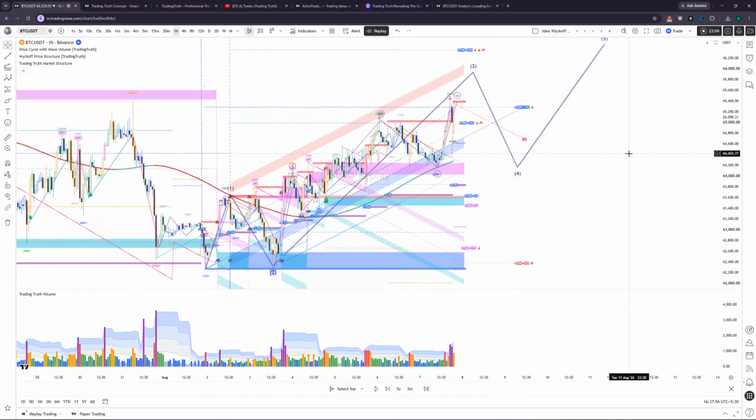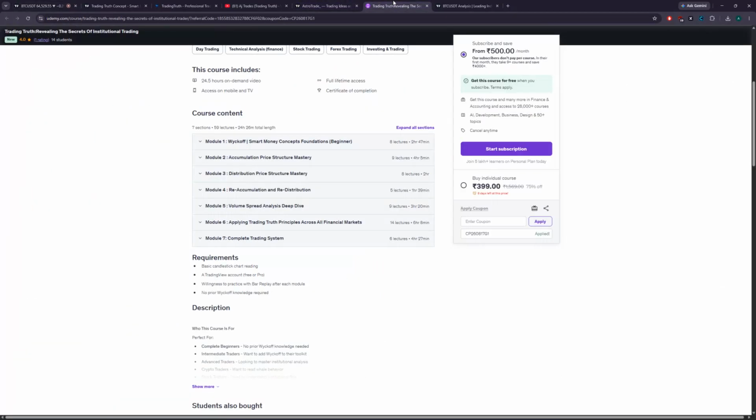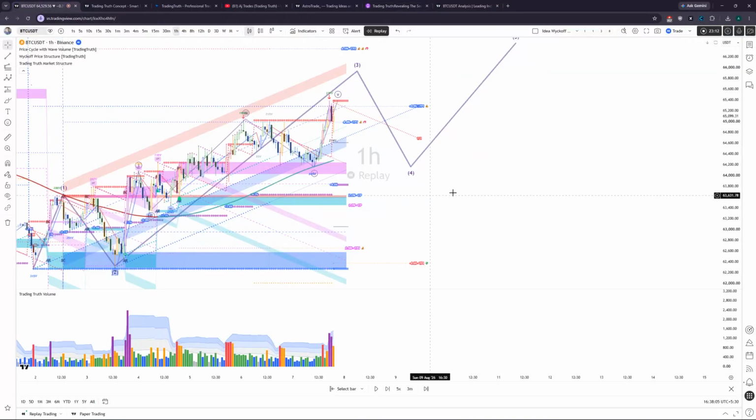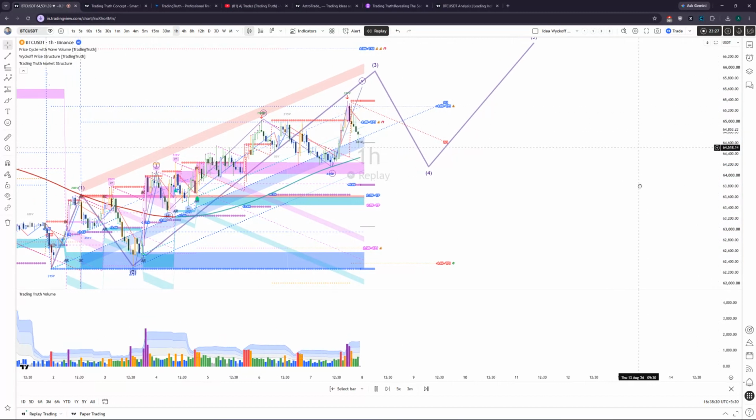But what I was showing you guys is how to apply these concepts, which you can learn here as well. So yeah, fourth wave and fifth wave is going to be completed. We are looking for divergence, meaning this sort of color on up wave. Let's see.